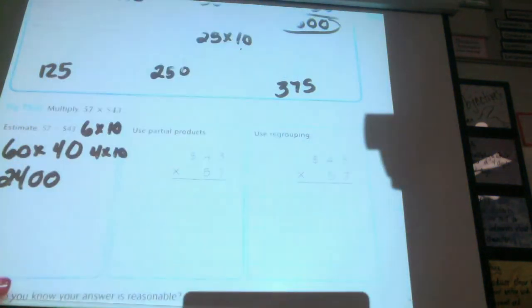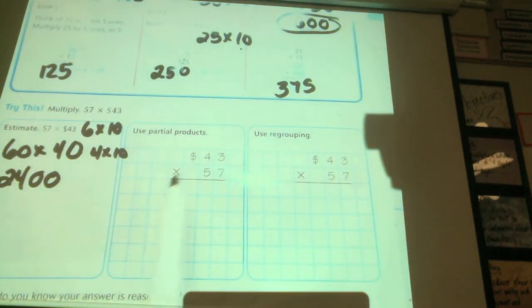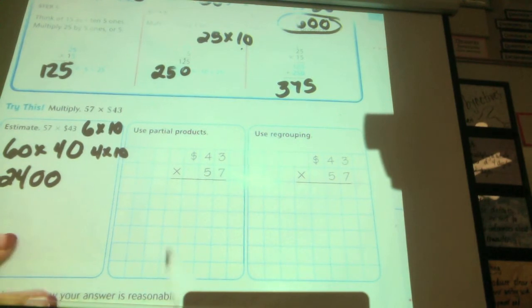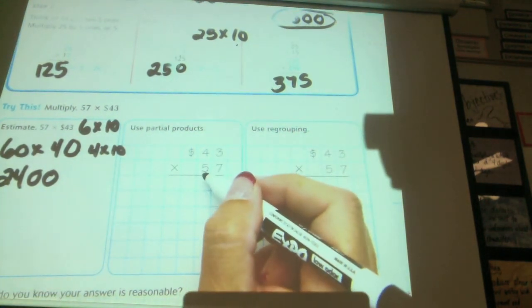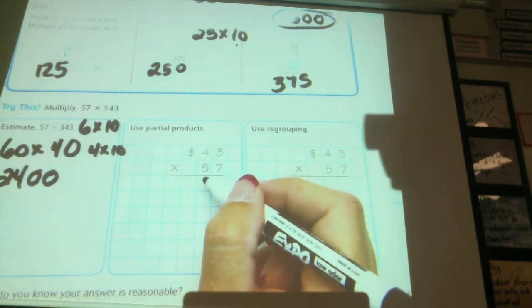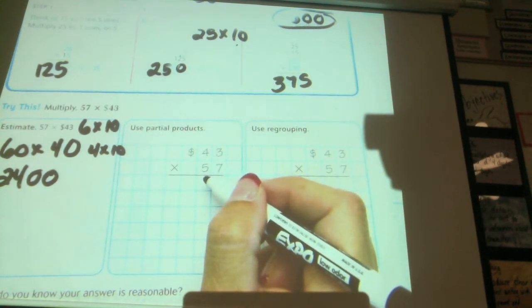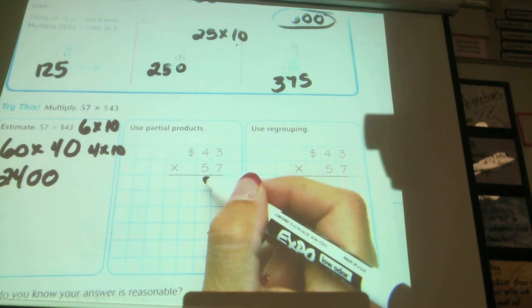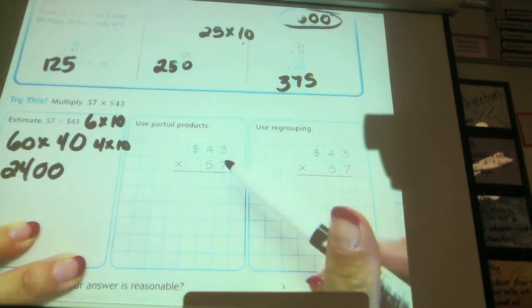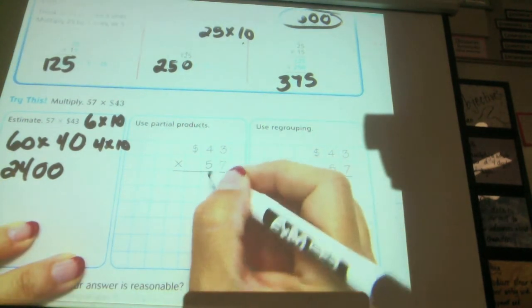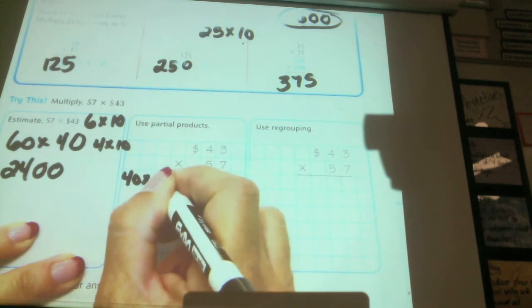Now I'm going to do it. Which method is it telling me to use here? Partial products. Okay, so partial products, what two numbers? I want you to think, what two numbers am I going to multiply first? Think in your head first. Raise your hand when you know which two numbers I'm going to multiply first. 40 times 50.